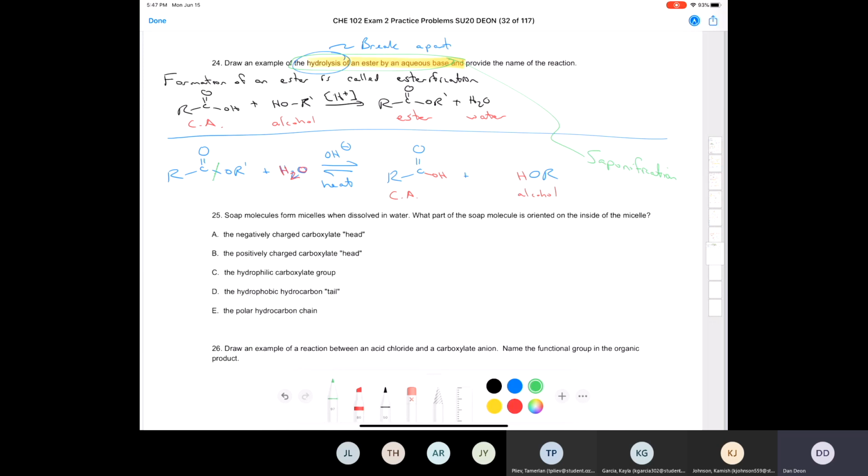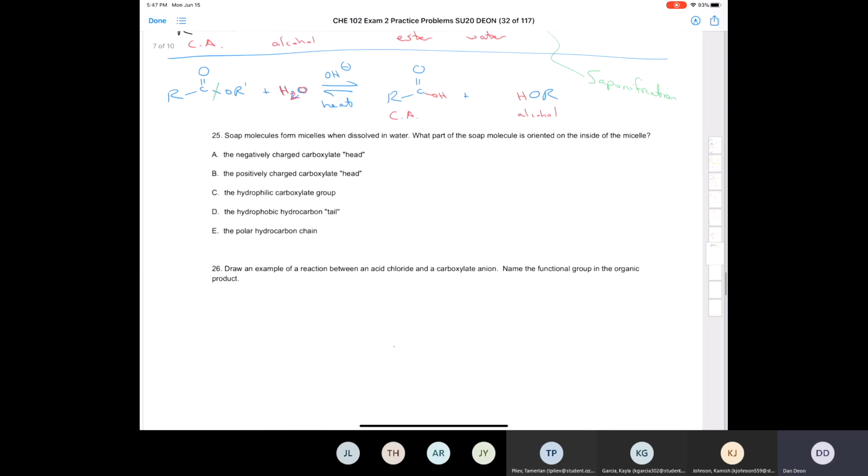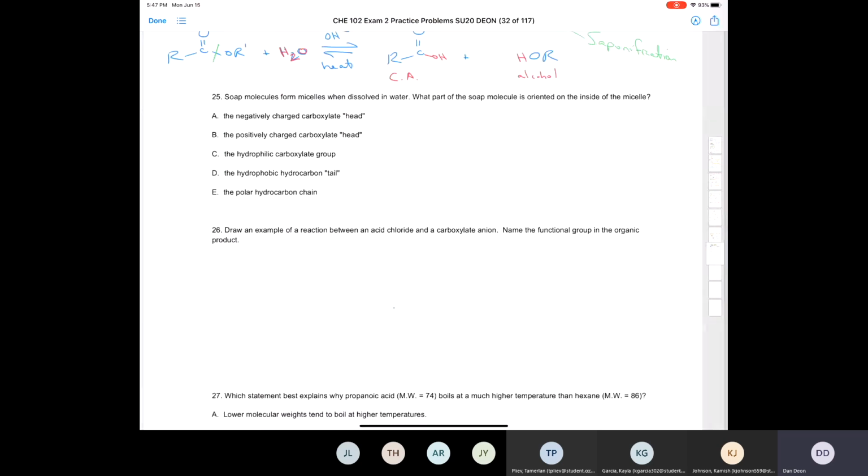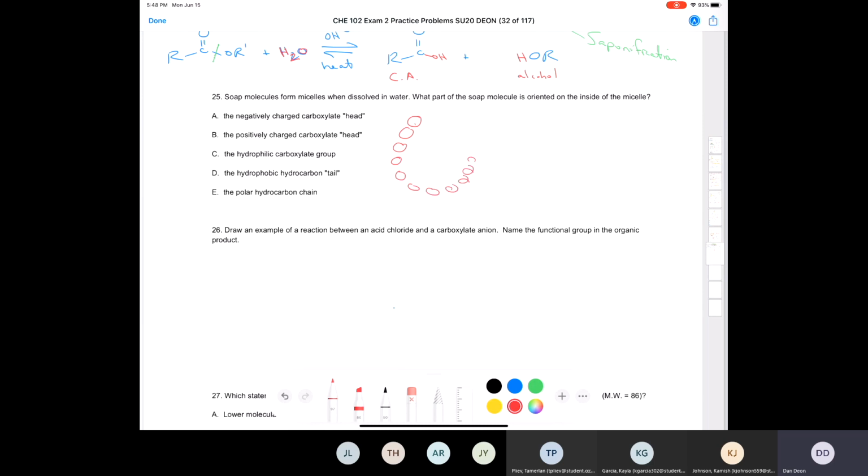Speaking of soap, it says here soap molecules form micelles when dissolved in water. What part of the soap molecule is oriented inside? You should have looked at my video about micelles, and you have the polar carboxylate head on the outside like this, and then you have the hydrocarbon tails on the inside like that. In the picture in our book, it's really gross.